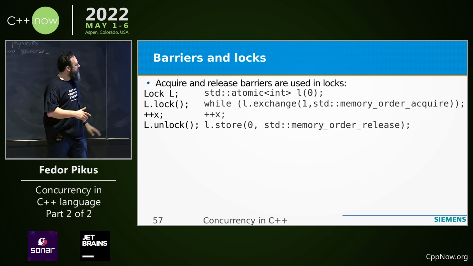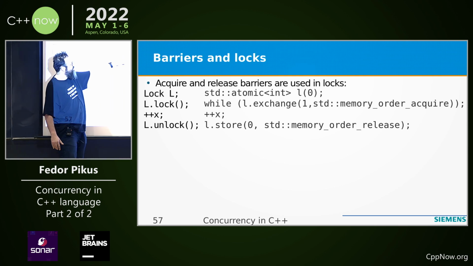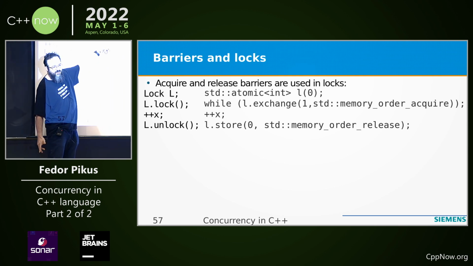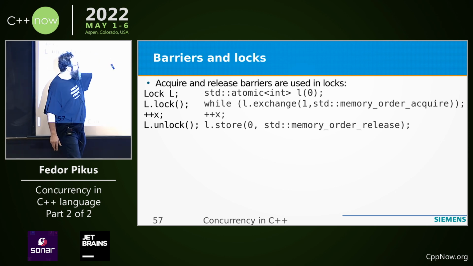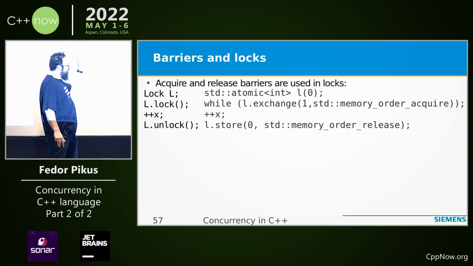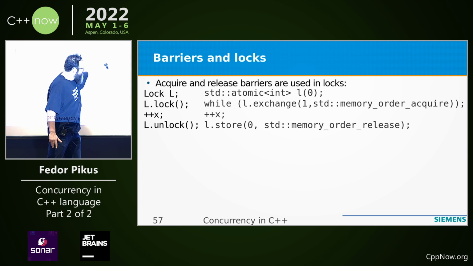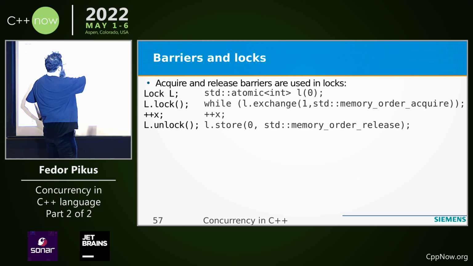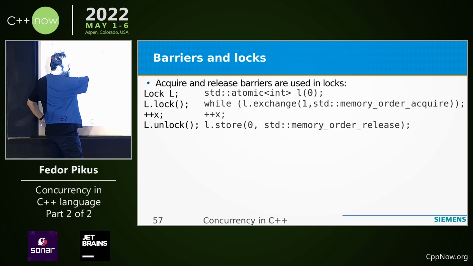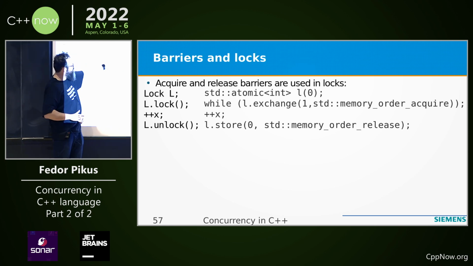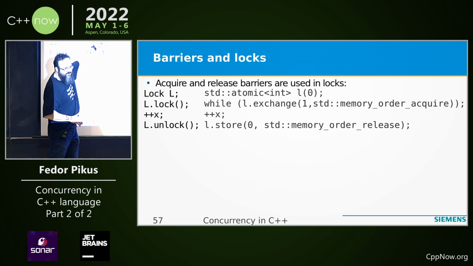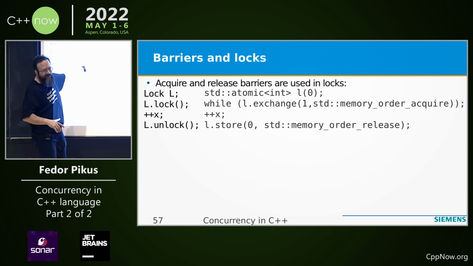And then when you want to give up, you can just store 0, because you know exactly what it has. It definitely has 1. You don't need to check that. But not just store 0: you put the memory order release, which guarantees that all the changes you made here will become visible to anybody else who acquires the lock after you.